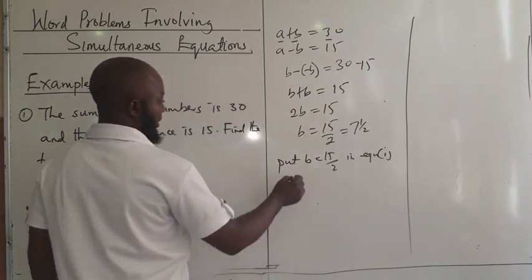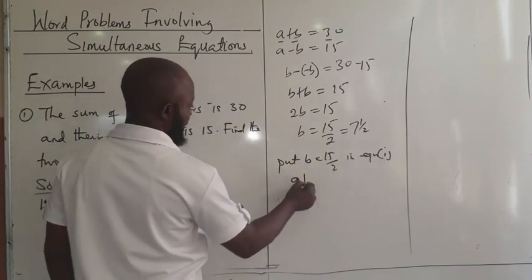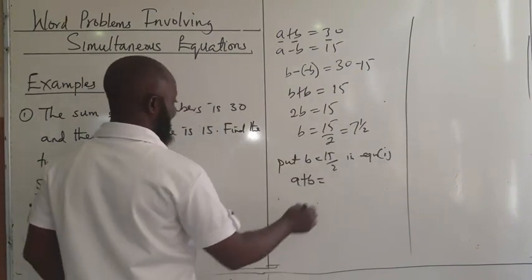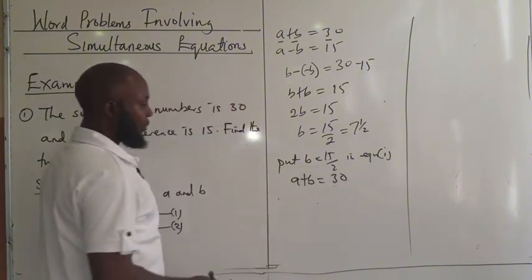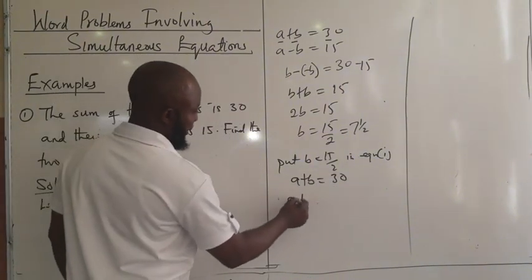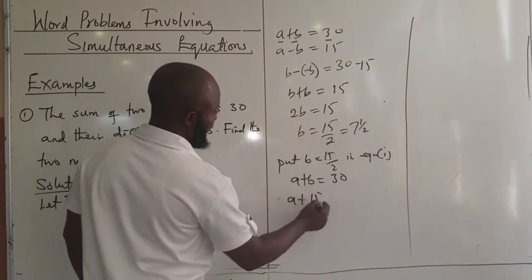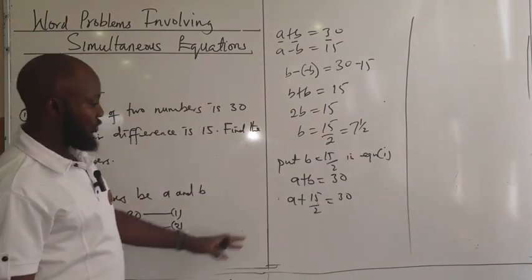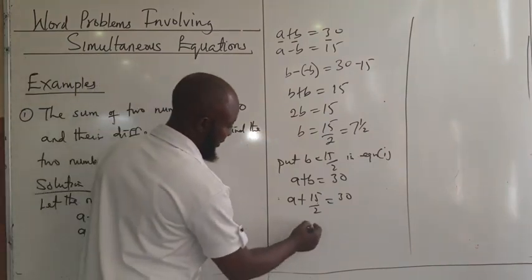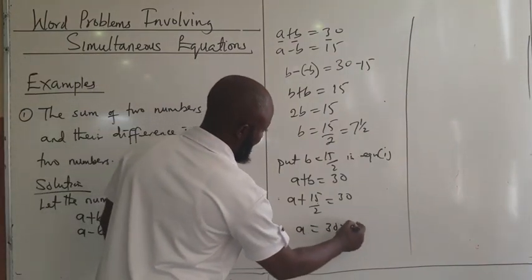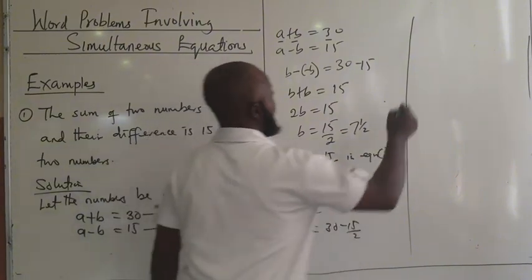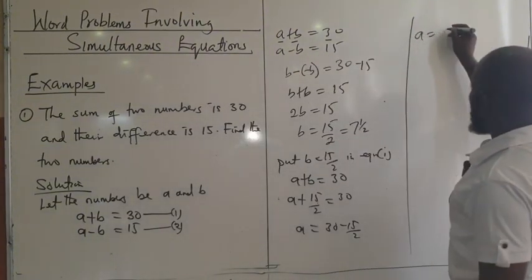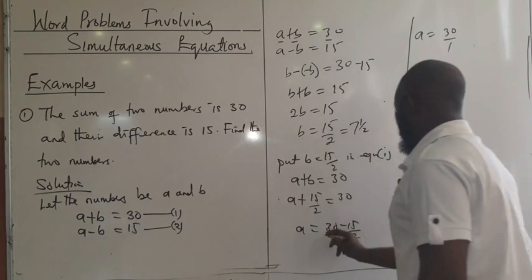With equation 1, which is A plus B equals 30, that means A plus 15 over 2 equals 30. So we can decide to collect terms here. That will be A equals 30 minus 15 over 2. So that means A equals 30 over 1 minus 15 over 2.